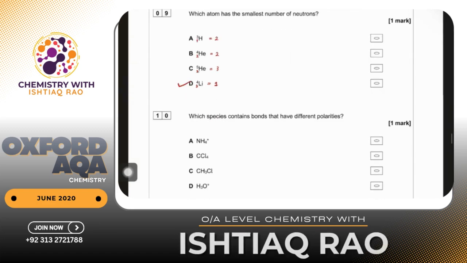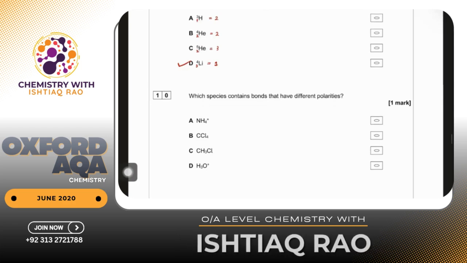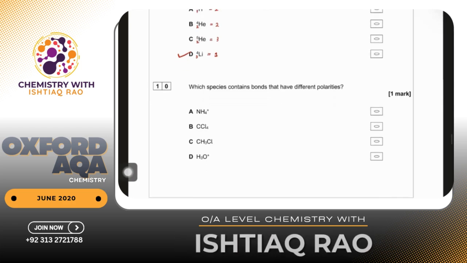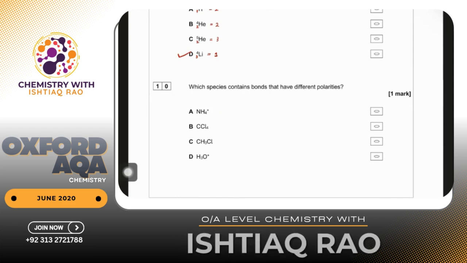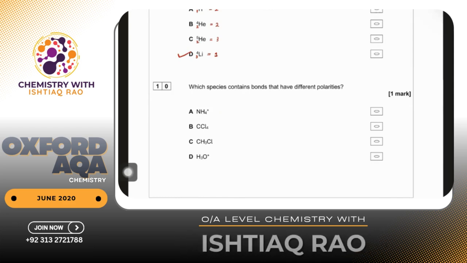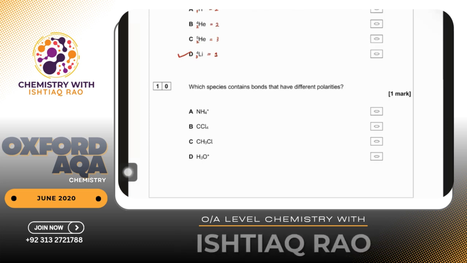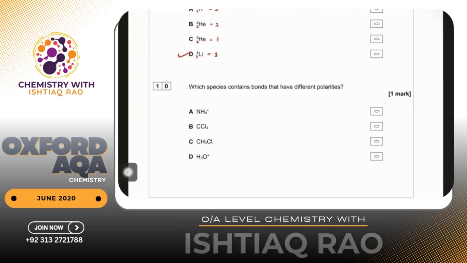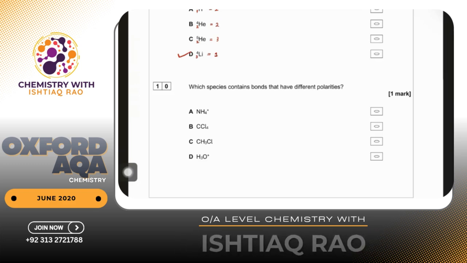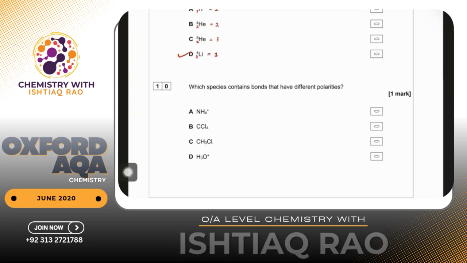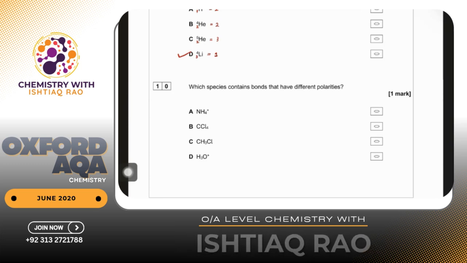Which species contains bonds that have different polarities? One second, I'll check. NH4 plus is quite similar, I think.